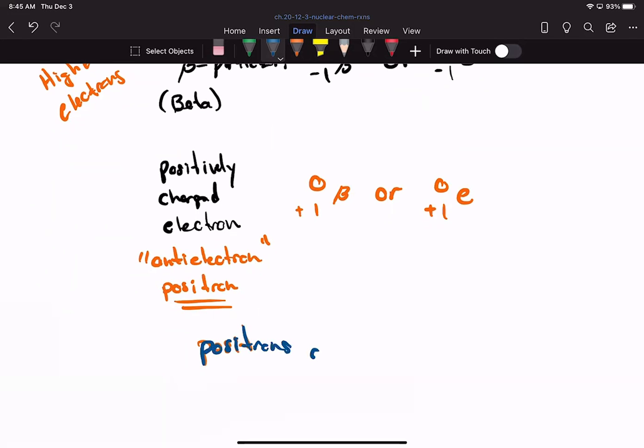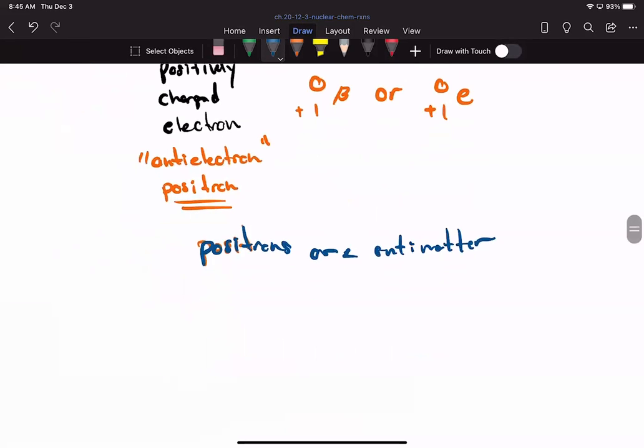So positrons are antimatter. It's not the only antimatter, but positrons are an example of antimatter.